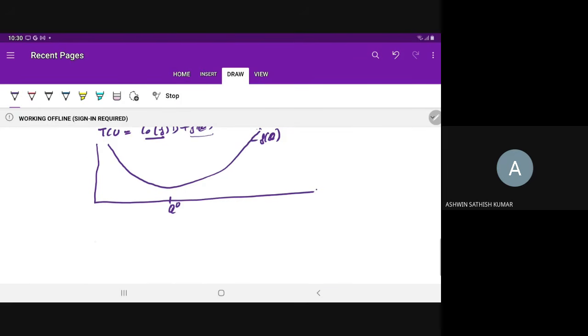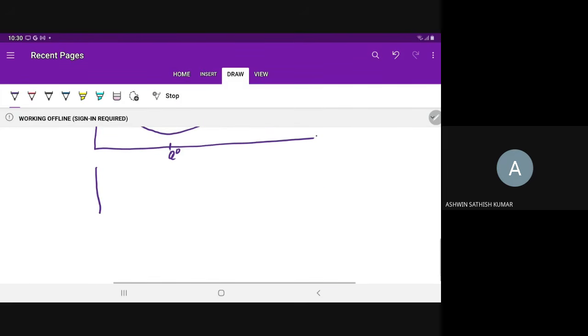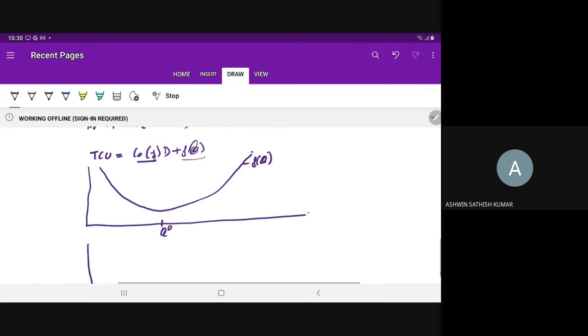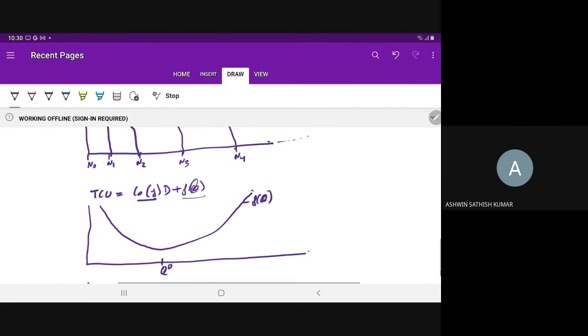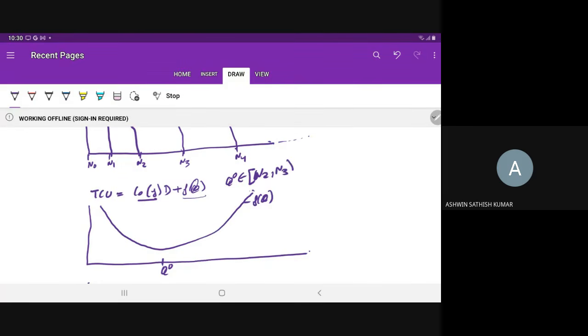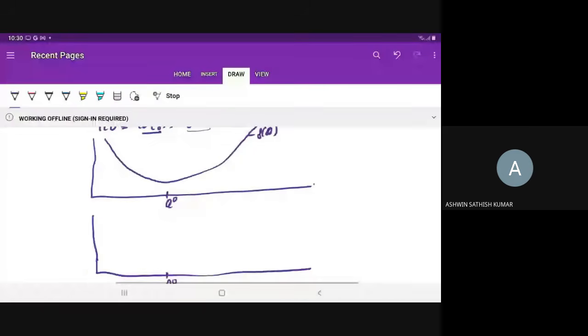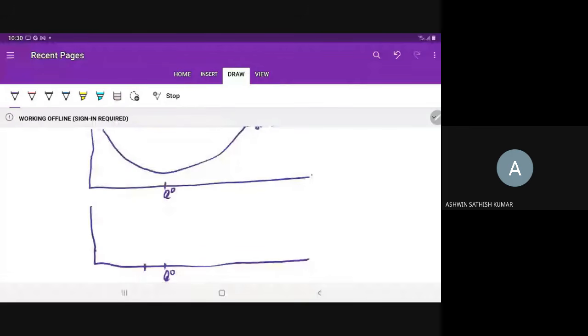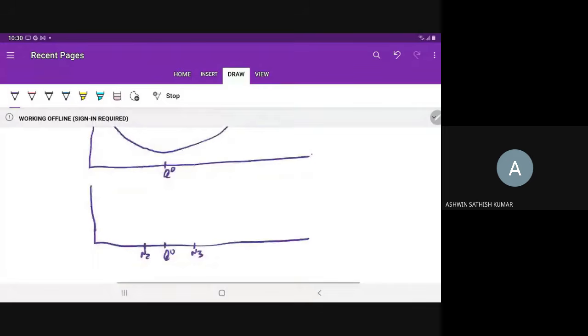So what will be the shape of the resultant graph? Let's say it is the Q naught, and I'm saying that Q naught belongs to N2 to N3. What can be the shape? Let's say this is the N2 and this is the N3. Now please see carefully.